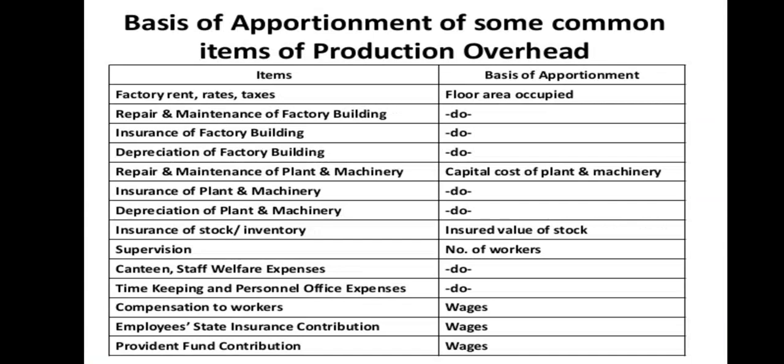Next, insurance of plant and machinery is based on capital cost of plant and machinery. Depreciation of plant and machinery, obviously apportionment is based on capital cost of plant and machinery. So if it relates to plant and machinery, we need to take the capital cost of plant and machinery.